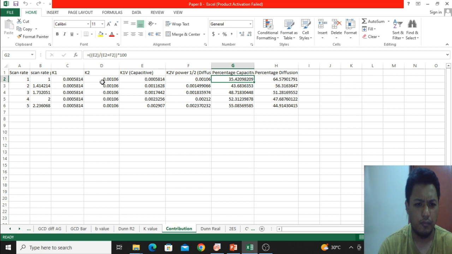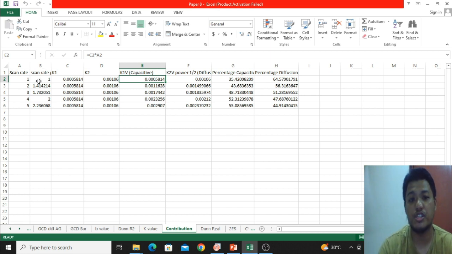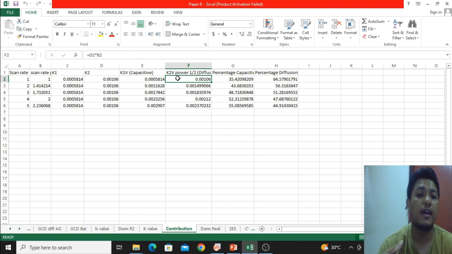Okay, so to get the value of capacitive, what you need to do is multiply the K1 value with the scan rate, because K1 times scan rate gives you the capacitive contribution. And to get the diffusion contribution, what you need to do is multiply the K2 value with the scan rate.